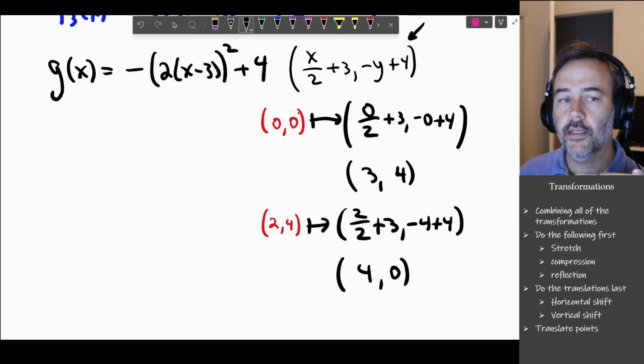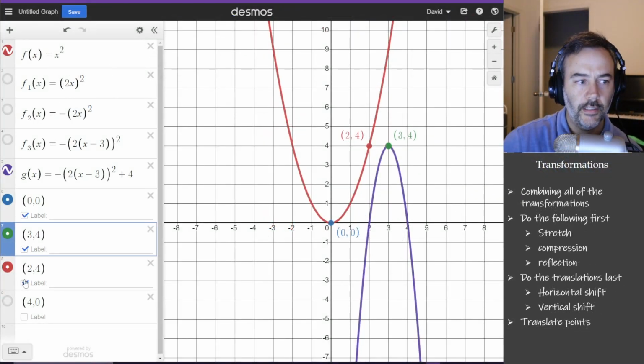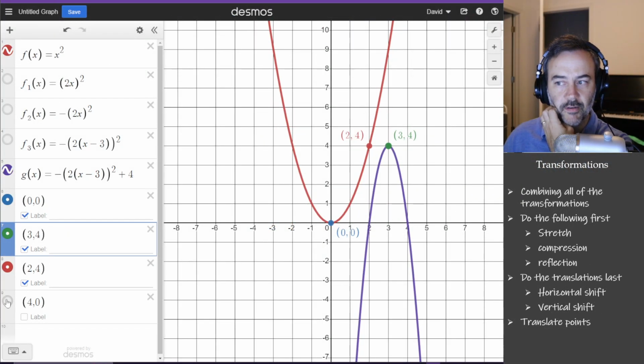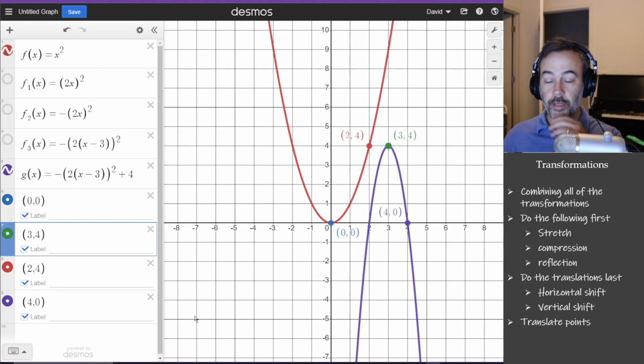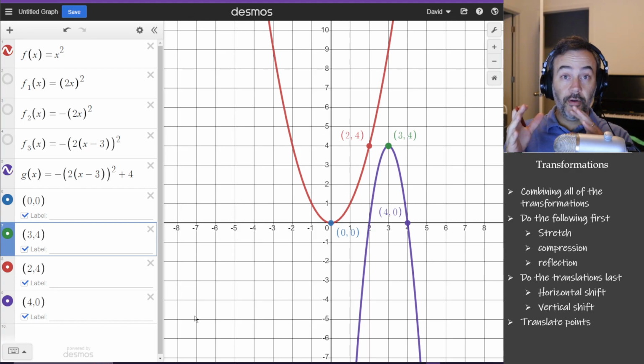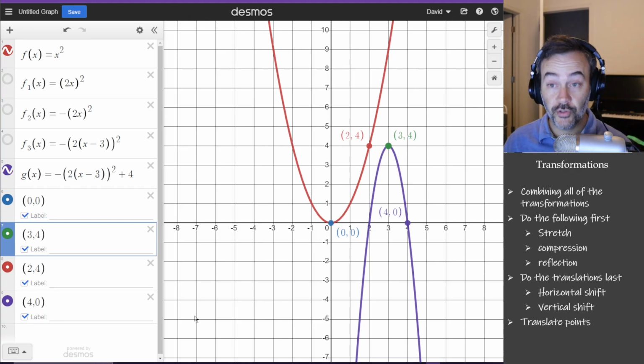So let's go back to the Desmos graph and plot 4, comma, 0. So this point here, 2, 4, becomes 4, 0 after the transformation. So we can figure out where single points go from one graph to the next.